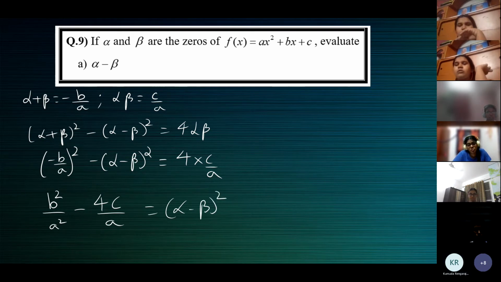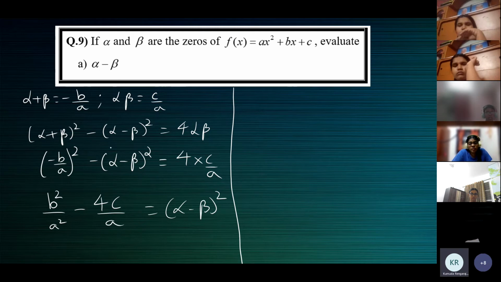Yes, ma'am. So first, we write out alpha plus beta and alpha beta. After that, we write this identity in order to find the value of alpha minus beta.